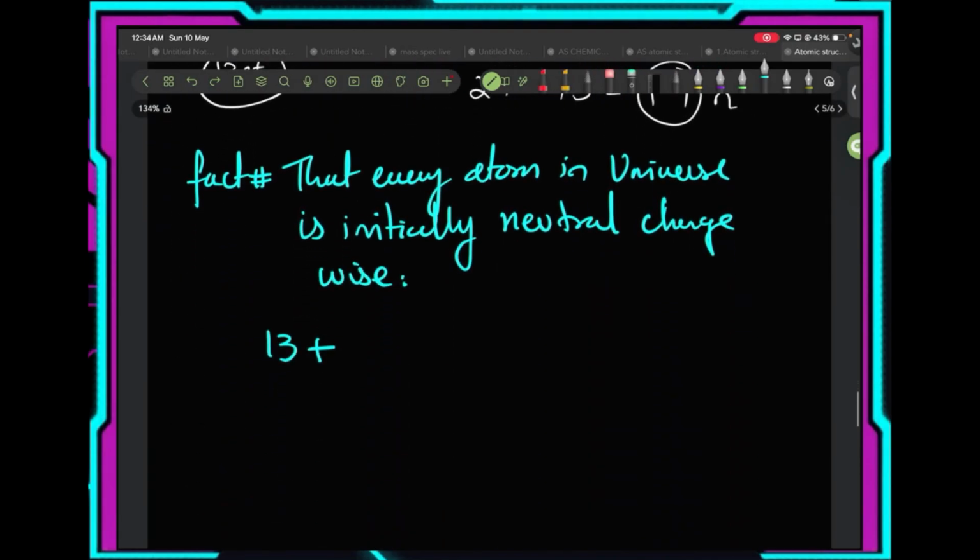So every atom in the universe is initially neutral. So that means if it has 13 plus charge, the 13 plus charge should be cancelled out with a 13 minus charge, right? So if it has 13 protons which were giving out this 13 positive charge, there should be 13 electrons in order to cancel out that positive charge.